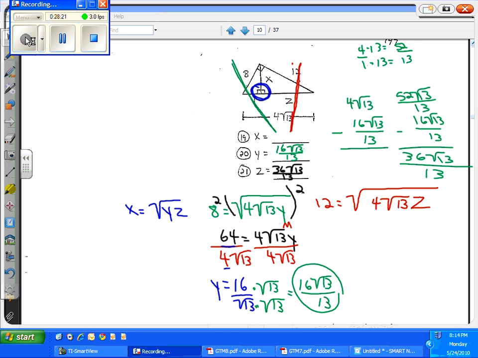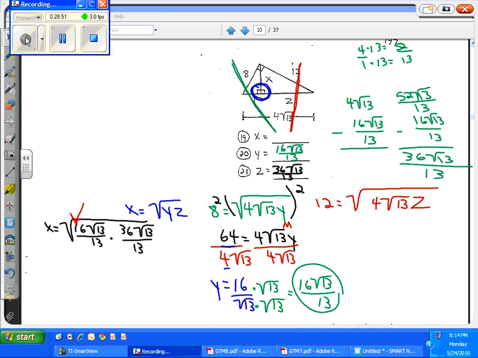And now we have x. Now we have y and z, and so we could solve for x. So x is equal to the square root of y times z. Y is 16 square roots of 13 over 13. And z is 36 square roots of 13 over 13. Now, I know this is a lot of stuff, but what times itself is 16?